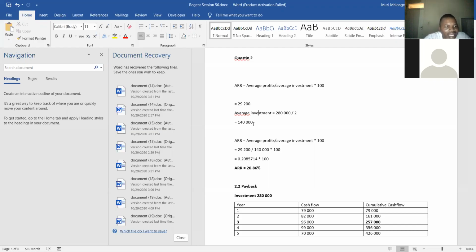Cash flow is any money that has come in and gone out of the business, all the money. That's why we need to add even depreciation.